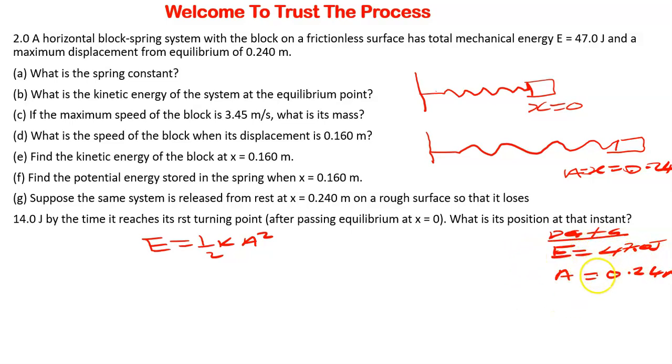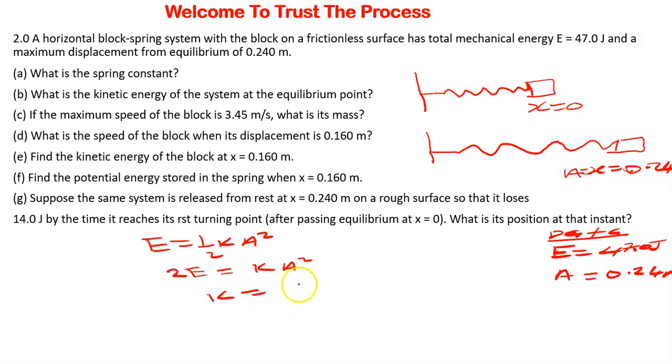So according to this information, how can we find the spring constant? Using this equation, we've been given the total energy and we also know the amplitude. So it is just a matter of making k the subject of the formula. We multiply the entire equation by 2, and we have 2E equals k A squared.